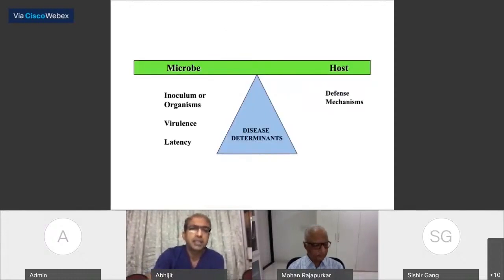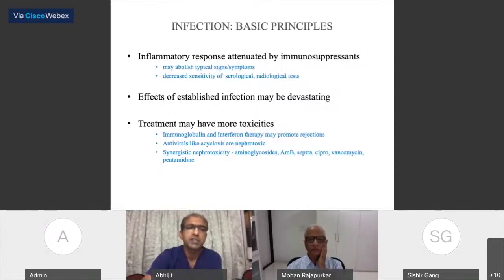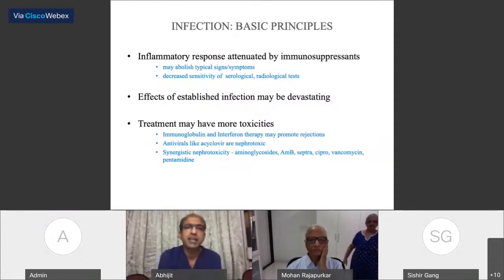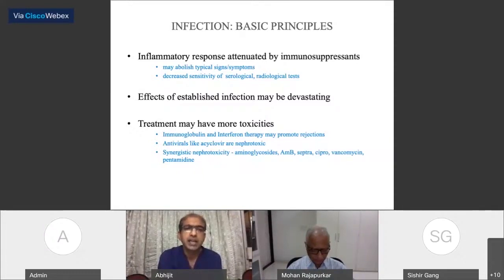So the journey of immunosuppression is a fine balance between the microbe, where inoculum, virulence, and latency play a role, and the host defense mechanisms. Some basic principles of infection get affected in a renal transplant. The inflammatory response is attenuated by immunosuppressants, which may abolish the typical signs and symptoms and decrease the sensitivity of serological or radiological tests.